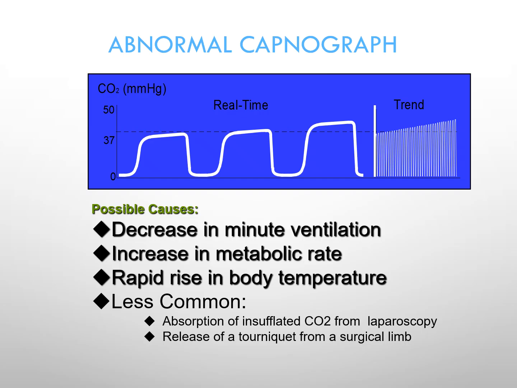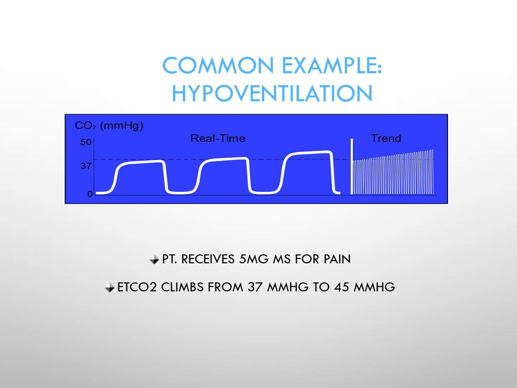Now the CO2 is no longer trapped beyond the tourniquet. It's allowed to enter the bloodstream, and it needs to go somewhere. So this is an example of a clinical situation that might account for an increasing capnographic waveform and end-tidal CO2 level.